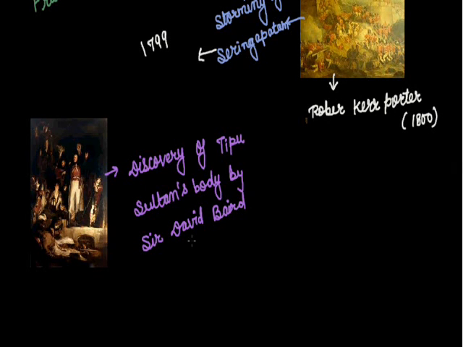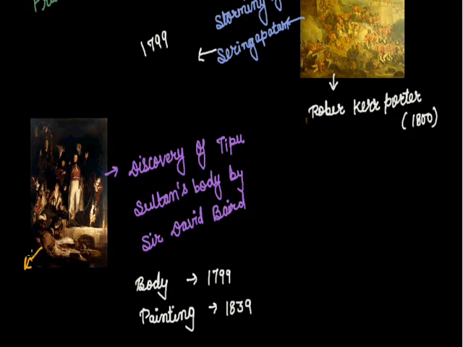Actually, the body of Tipu Sultan was discovered in 1799, but the painting was made by David Wilkie in 1839.